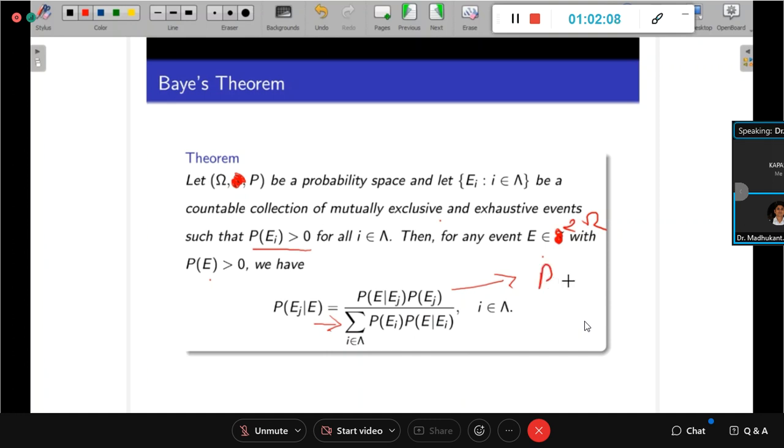And the numerator is nothing but the probability of E intersection E_j divided by the probability of E. If you write the numerator in the form of conditional probability, you will get this answer. The denominator is the total probability: the probability of E given E_i times the probability of E_i, summed over all the possible cases, which is the total probability of E, and the numerator is this.